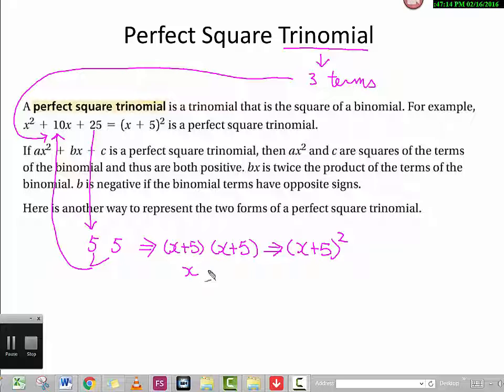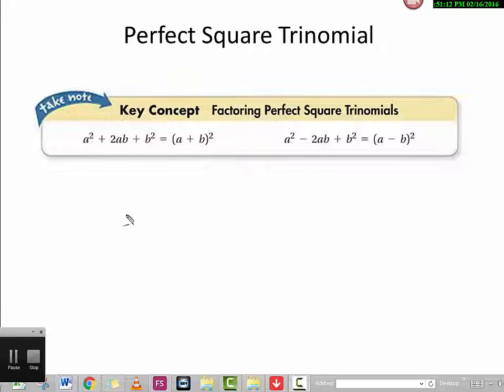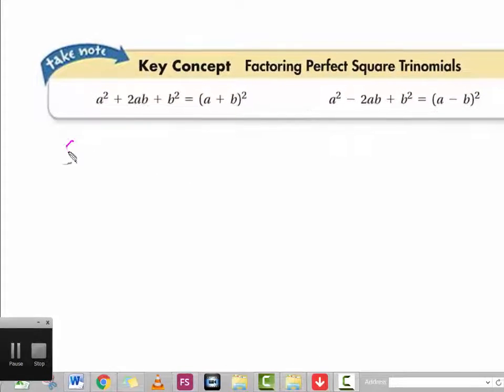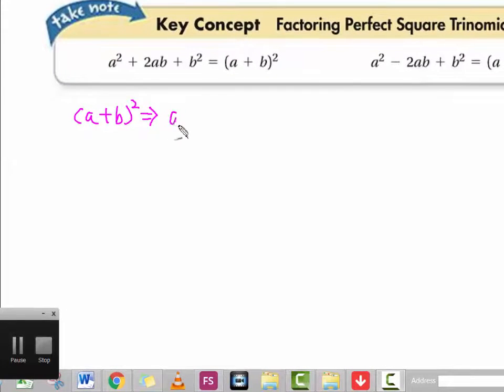Just like x times x, we have x squared. We call this particular trinomial a perfect square trinomial. Because of the special property of perfect square trinomial, we come up with this formula. When you have a plus b squared, you're going to have a squared plus 2ab plus b squared. I'll give you an example.